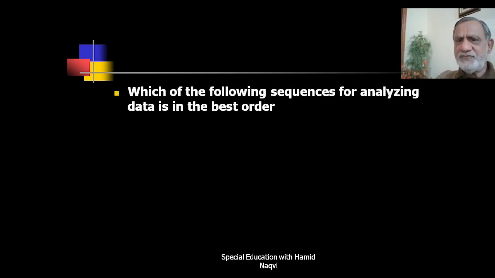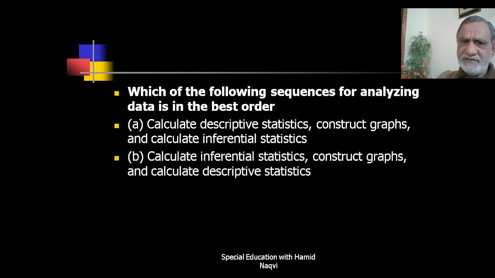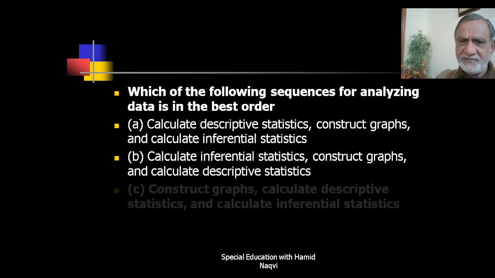Which of the following sequences for analyzing data is in the best order? Calculate descriptive statistics, construct graphs, and calculate inferential statistics. Calculate the inferential statistics, construct graphs, and calculate descriptive statistics.